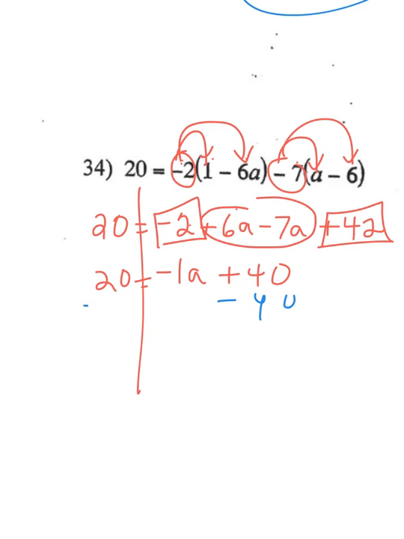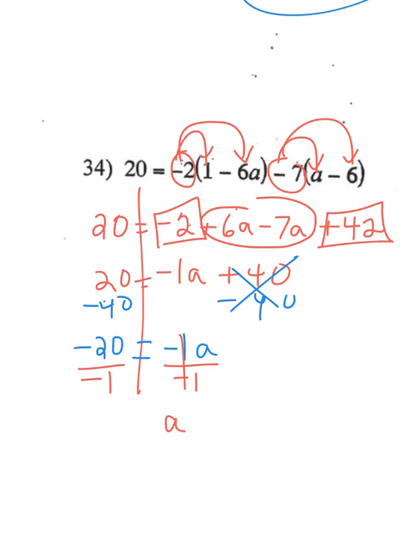Minus 40, minus 40, that cancels out, equals negative 1a minus 20. Divide by negative 1, divide by negative 1, 1a equals positive 20. All right, that should be right.